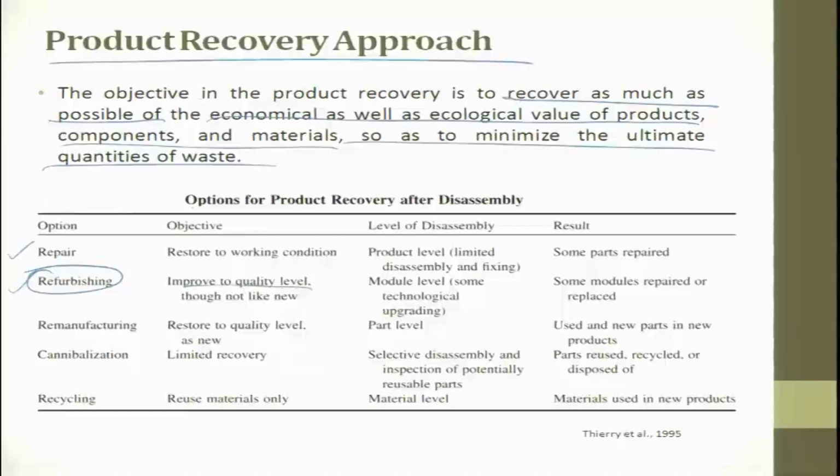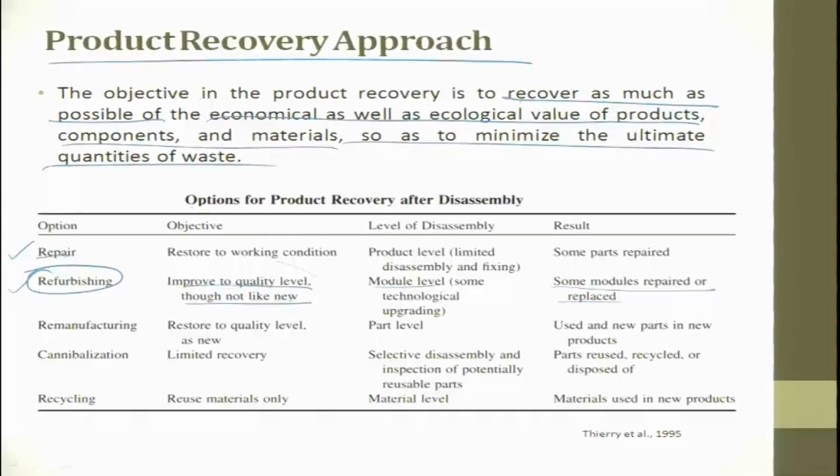Those are called refurbished products. Refurbished products are generally economical. Here they try to improve the quality level, though not like a new one. At module levels, some modules are repaired and replaced.